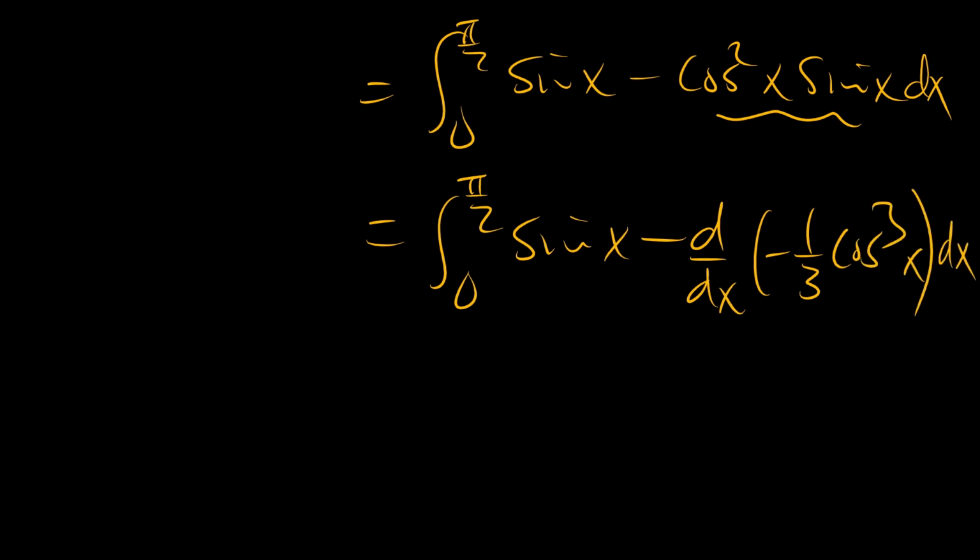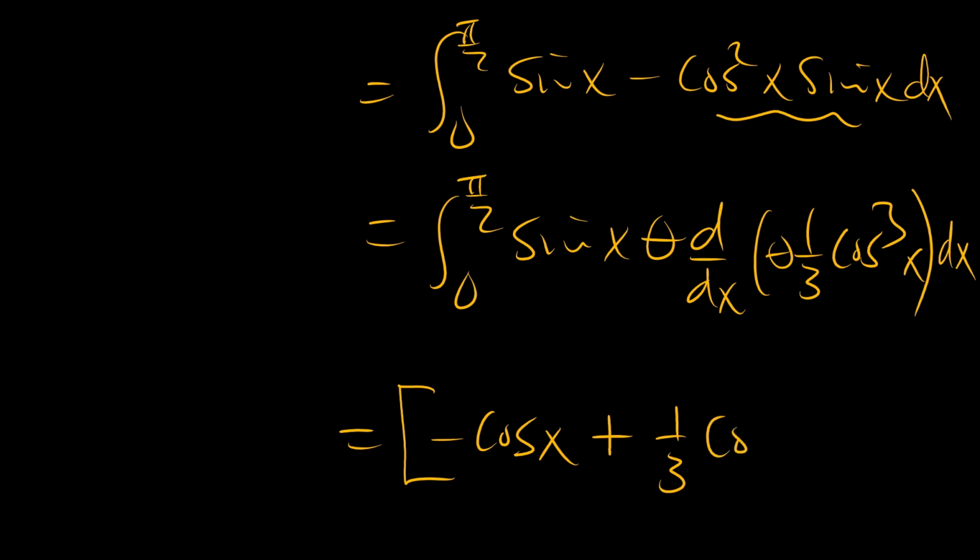Such that when we integrate everything here, we have minus cosine x as the integral of sine x, plus a third cosine cube x from 0 to pi over 2.